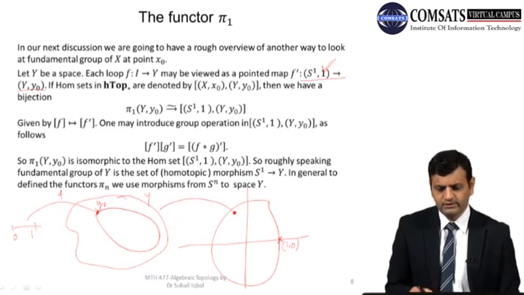So the pointed map is f prime. What does this map do? It takes this point (1, 0) to y naught, and it takes the whole circle along the loop.